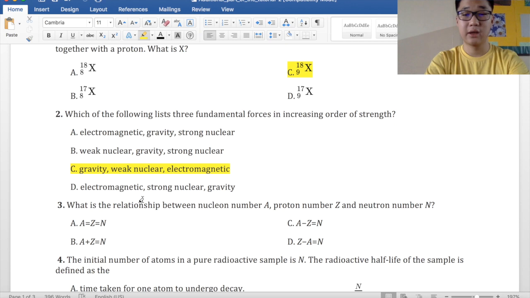Okay, next. What is the relationship between nucleon number A, proton number Z, and neutron number N? Okay, so the formula for nucleon is proton plus neutron.